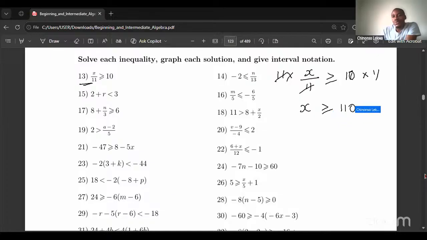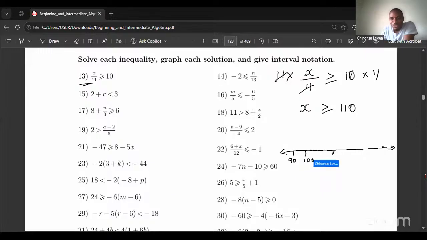So of course we've already gotten the solution, so we've solved the inequality. What we want to do now is graph the inequality. I can have points, say 90, 100, then 110, and then maybe 120.